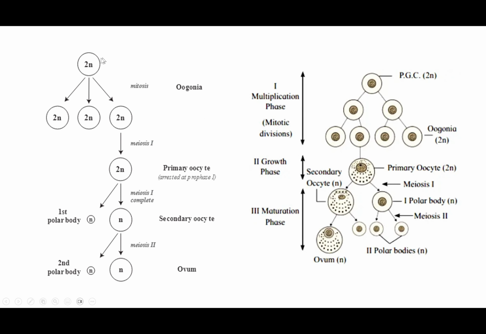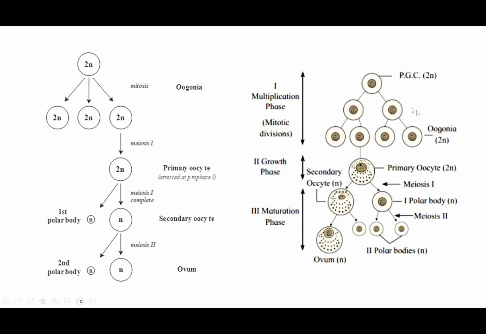Diagram, okay. So we have mitosis. Based on how this diagram works, this is going to be our primordial germ cell. So let's use the other diagram. Our primordial germ cell is going to go through mitosis, and that's the first mitosis.